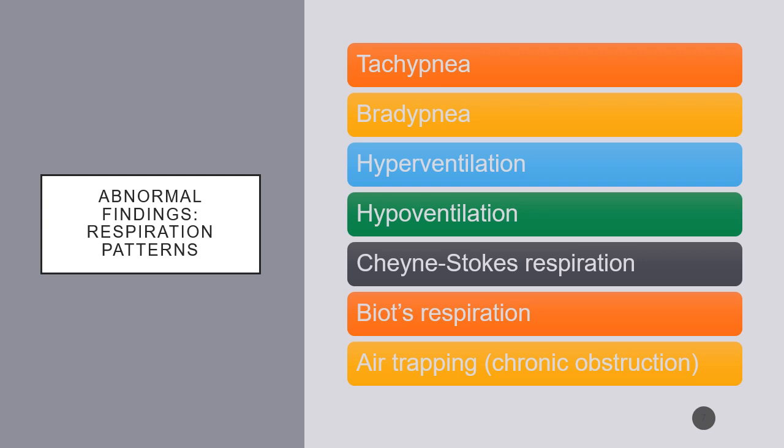And then air trapping. One of the things that we know is that patients who have chronic obstructive pulmonary disease, especially again at the end stage, require extra time for exhalation.